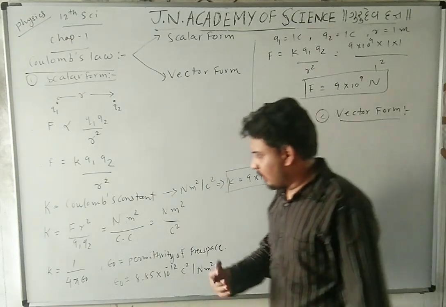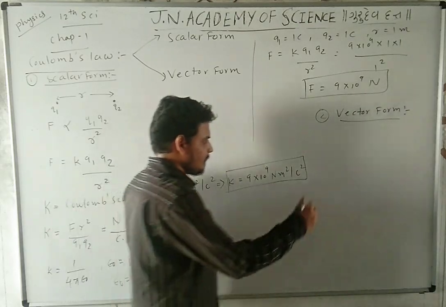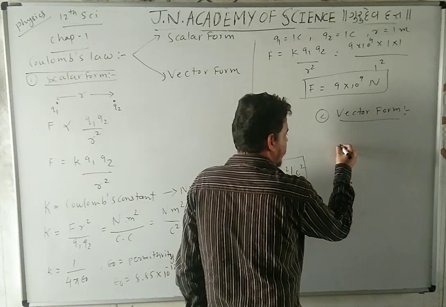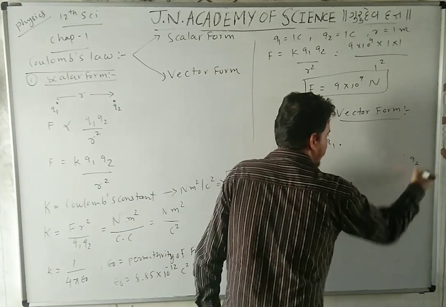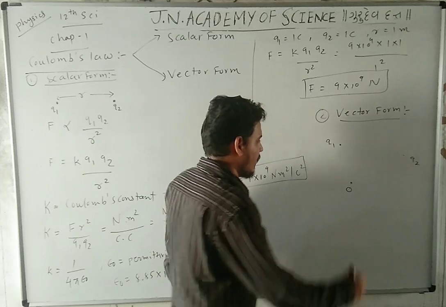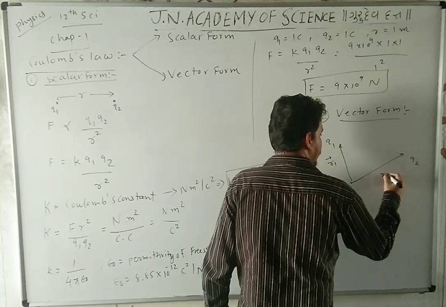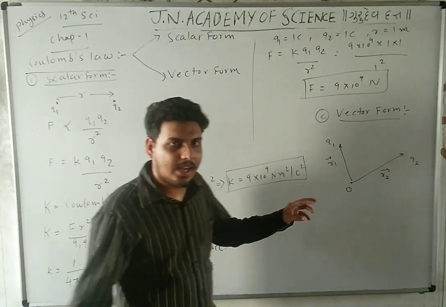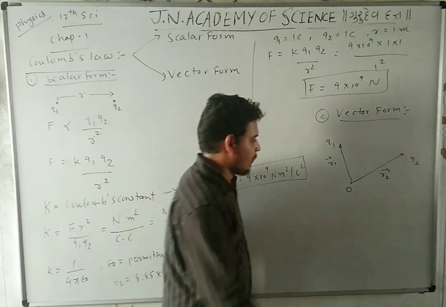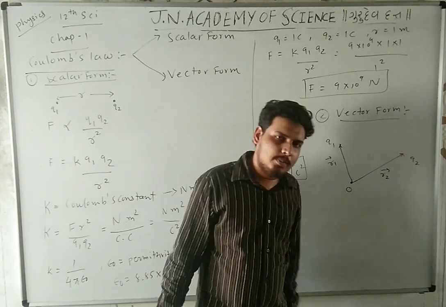Let us consider some reference point, and at some distance from the reference point we have 2-point charges, q1 and q2, with position vectors r1 and r2, which are distances in the form of vectors because they suggest direction, with respect to the reference point.